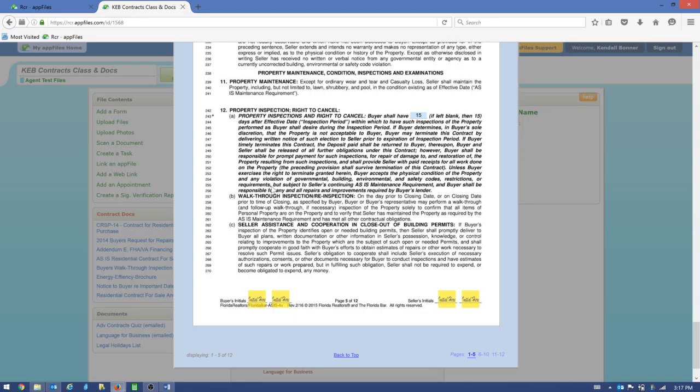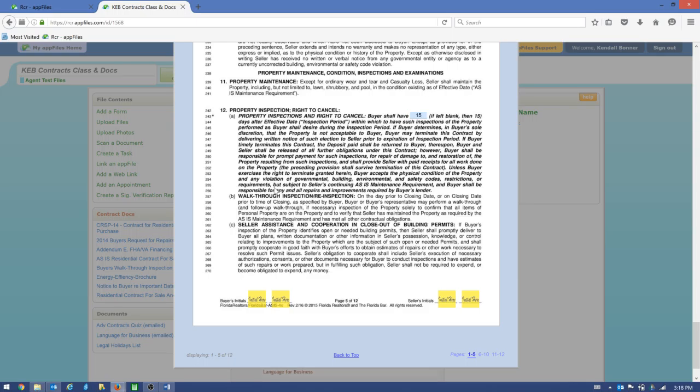Okay, so that means they are getting the house truly as is. Notice there is nothing in here that says if it's not acceptable, they get to ask for repairs or anything like that. It just says either you take the house as it comes or you don't take it at all. Okay, now here's your but.